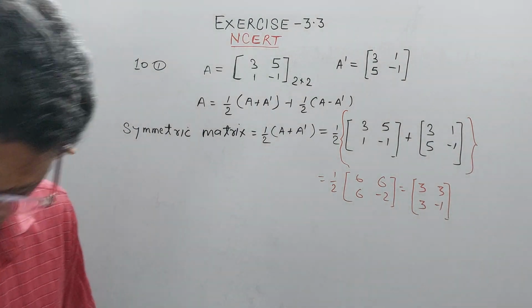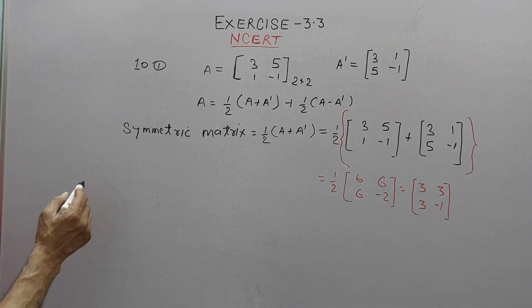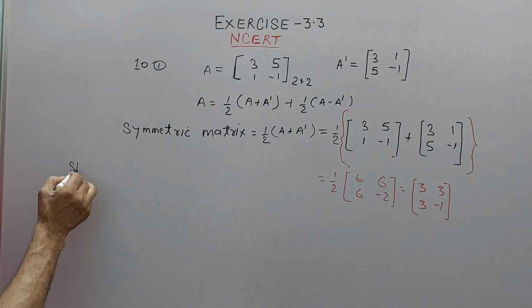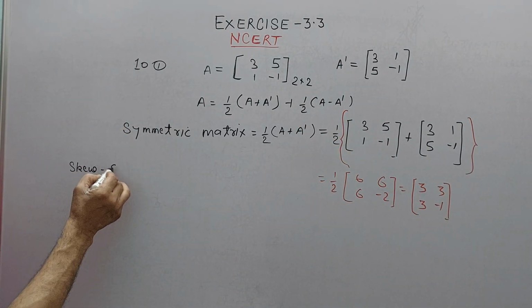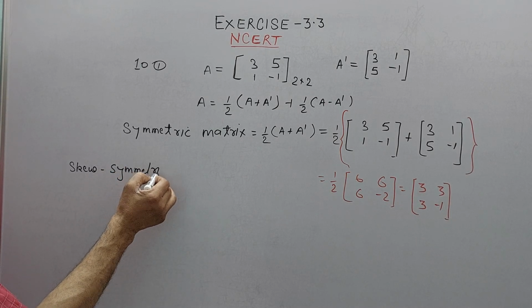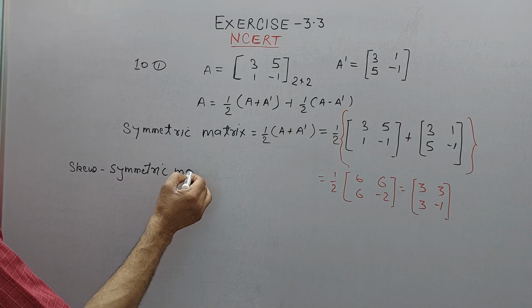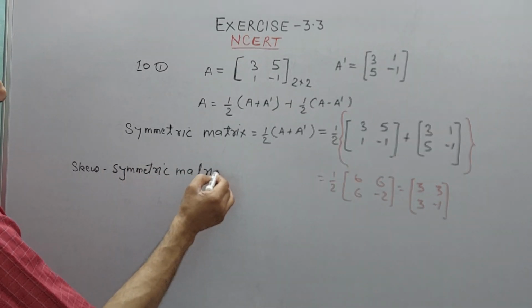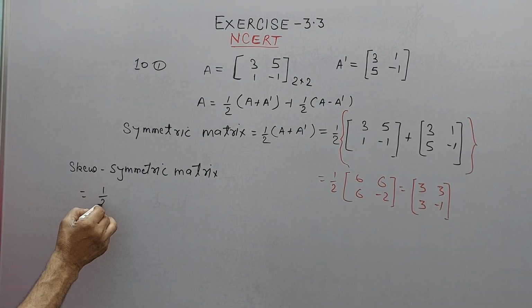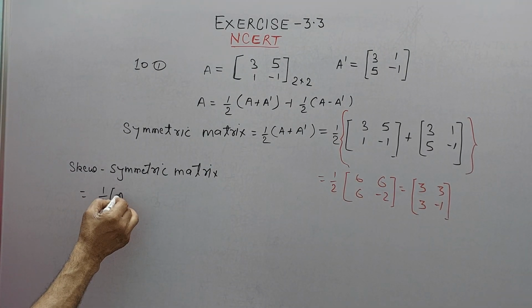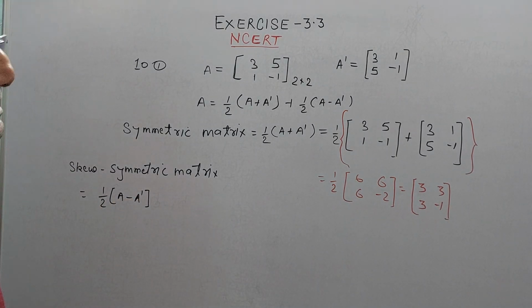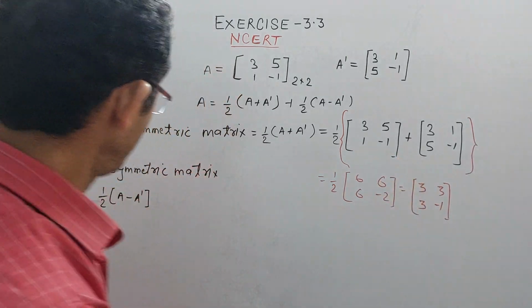Now the second term we need is the skew symmetric one, half of A minus A transpose. So just put a minus and solve it.